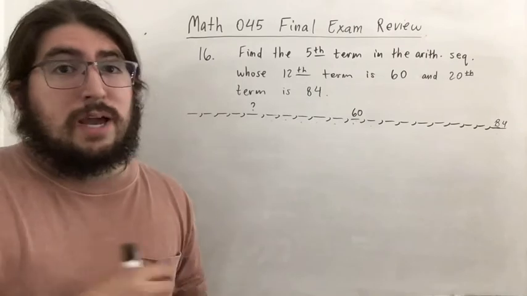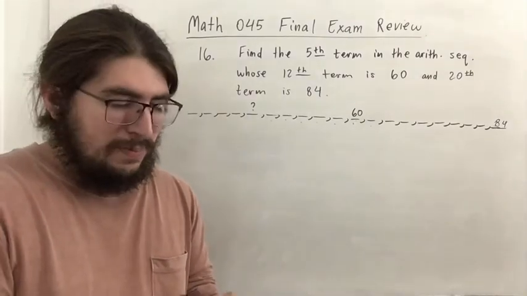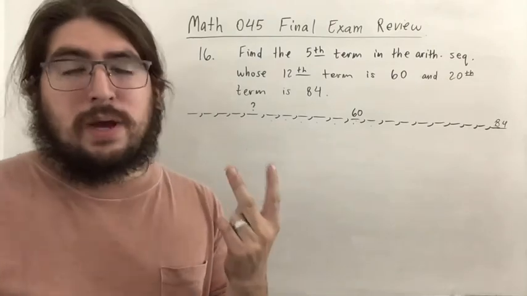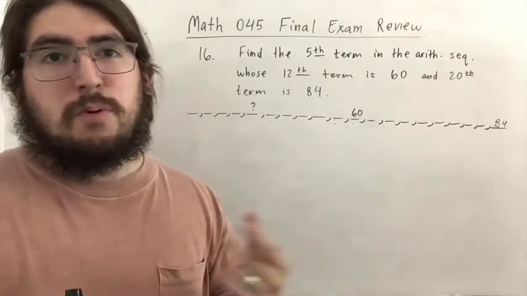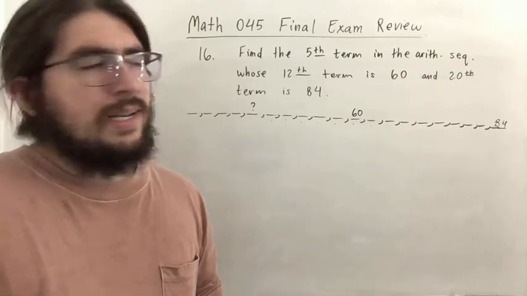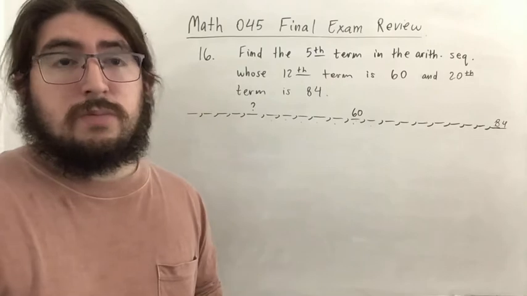The reason why you can do that is that if you have 2 points on a line, you can find the equation of the line, and thus you can find every point on the line. Why is that? Well, I mentioned it earlier: an arithmetic sequence has a general term that's linear.